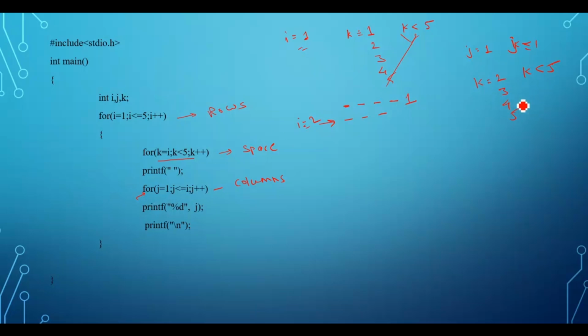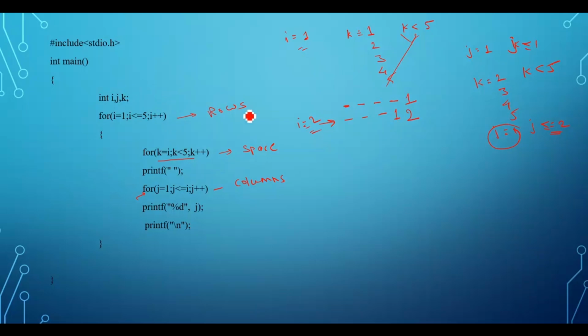Now the condition of j is equal to 1 to j less than or equal to i, and in this case my i is 2, so this loop will print the value of j. Initially my j is 1, so it will print 1 over here, and then my j is 2, so it is going to print the value 2 over here.